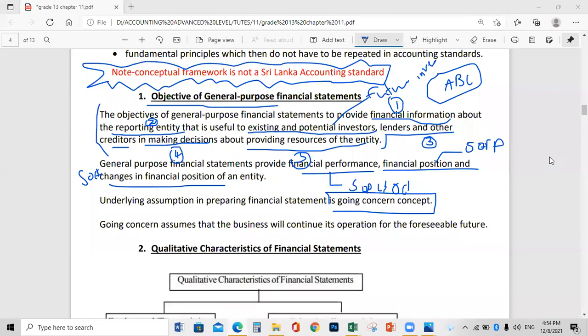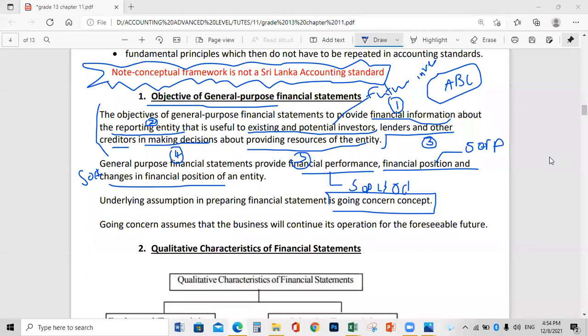Going concern means, guys, we always assume whenever we do financial statements that the business will be operating for a foreseeable future.